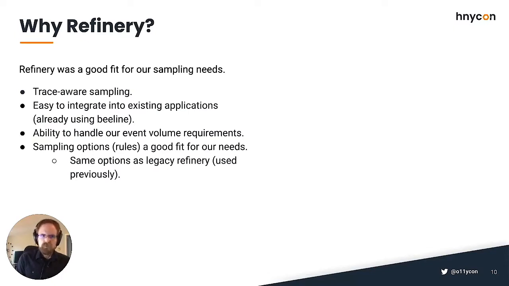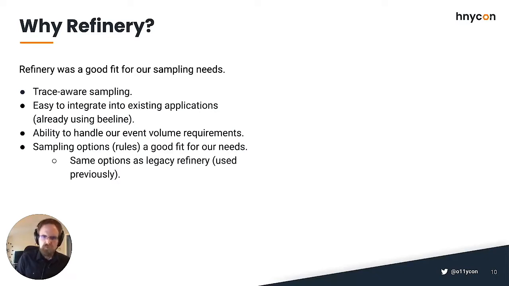If you are sampling with Honeycomb, this, in my view, is the way to do it, because the traces that you do see are effectively the complete traces that your application generated, and you don't have to worry about missing spans or certain types of events that didn't make it into the trace.